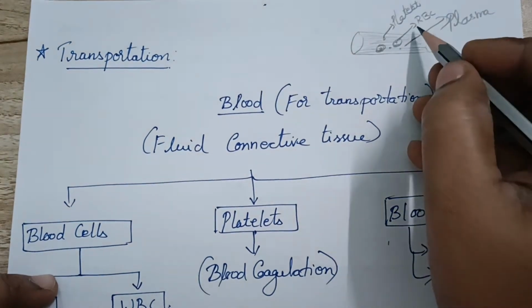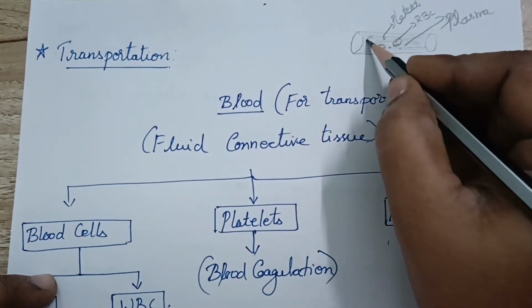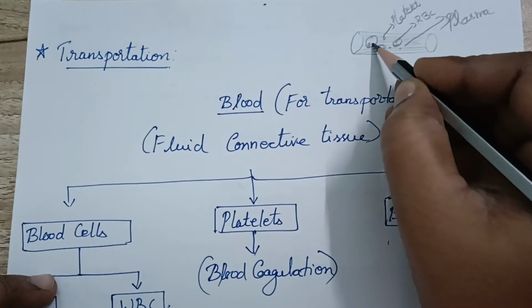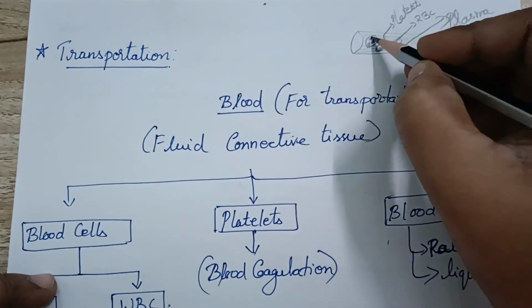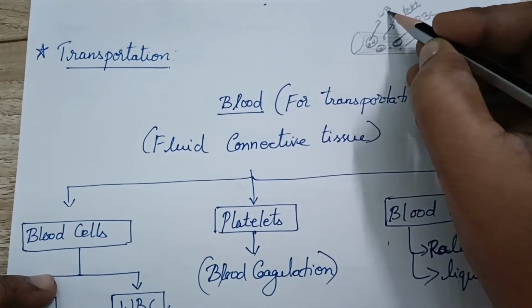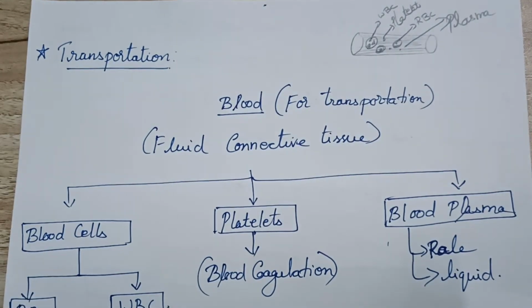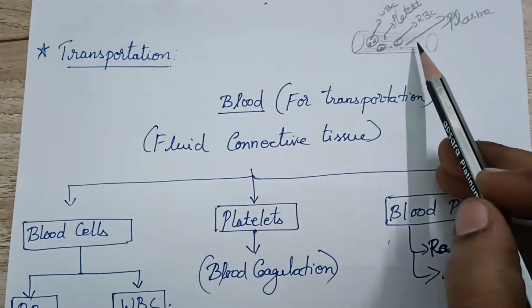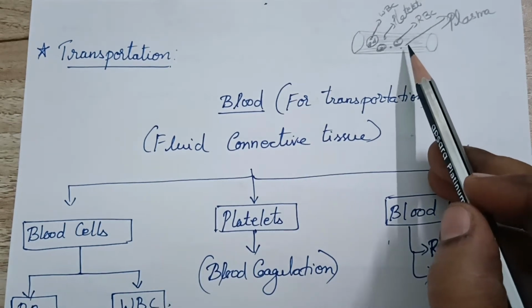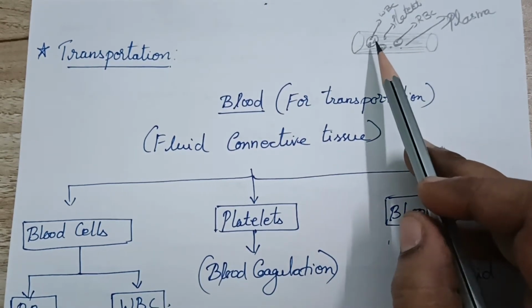And one more is WBC, you know, friends. So these are the main four components of the blood. The blood contains plasma, a liquid medium in which RBC, WBC and platelets are present.